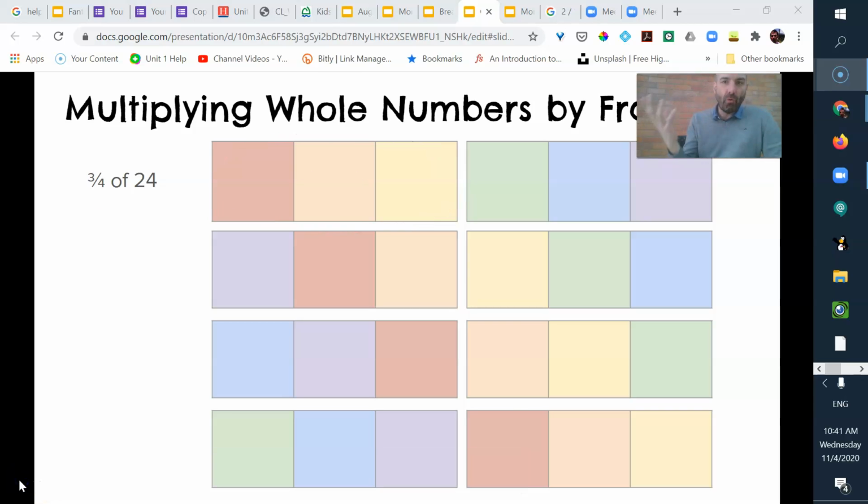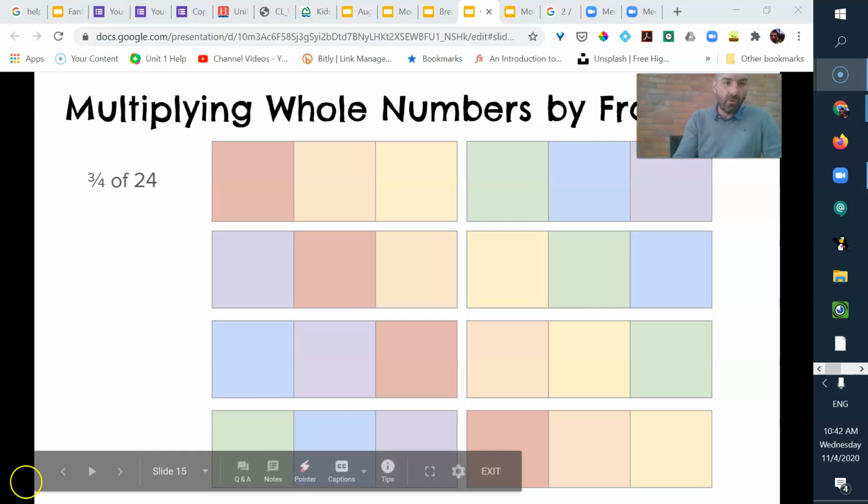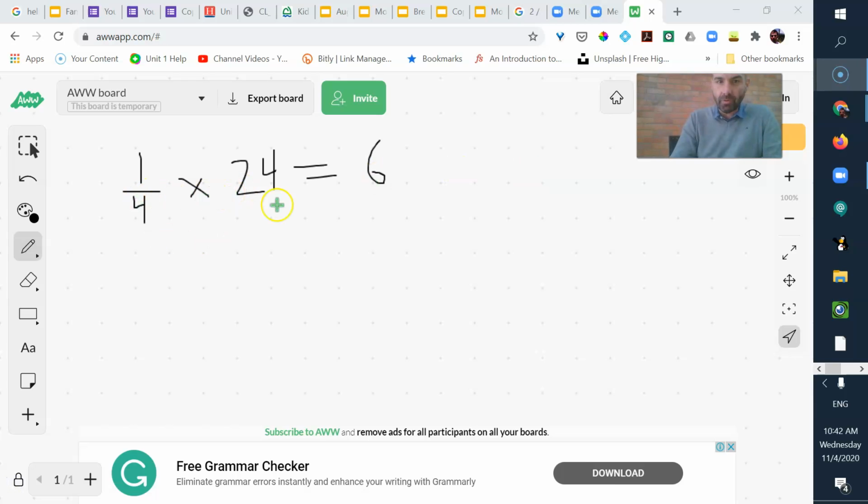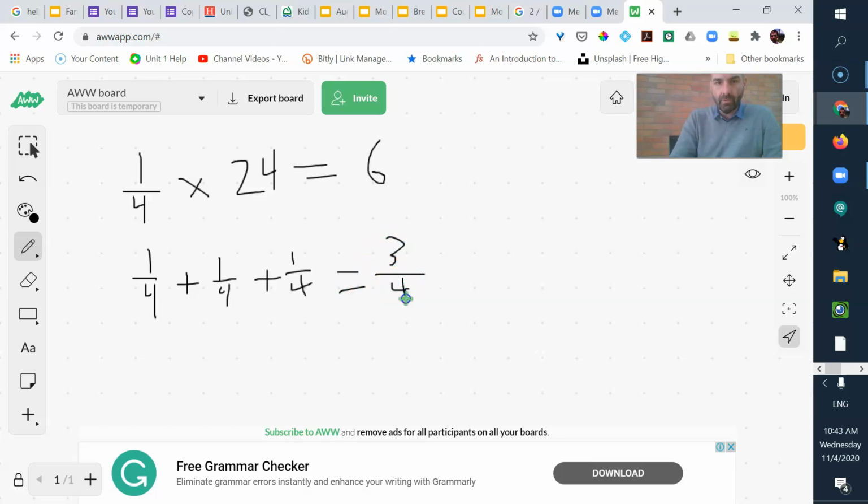All right, what about 3/4 of 24? What information should you use that we already have to figure out 3/4 of 24? That's right. One more time. We know what 1/4 is. We know that 1/4 times 24 is 6. We also know that 1/4 plus 1/4 plus 1/4 is 3/4.